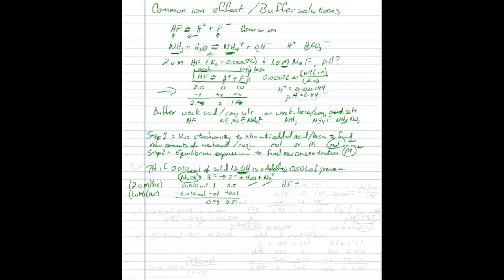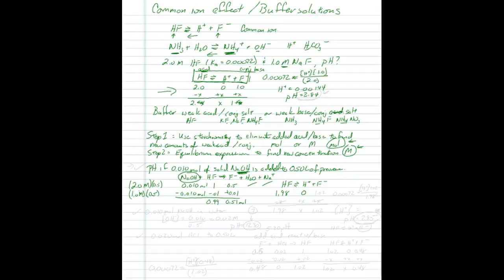HF, equilibrium, H plus F minus. HF in this case is 0.99, but that is in 0.5. This is 0.99 moles. Remember, we changed to moles. When changing to liters, you have to divide by 0.5, which would be 1.98. This, for all practical intents and purposes, is 0.